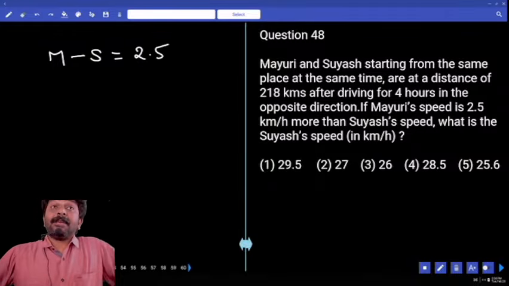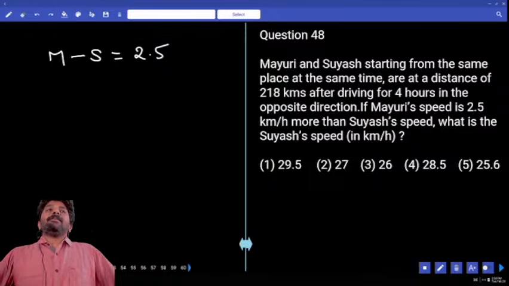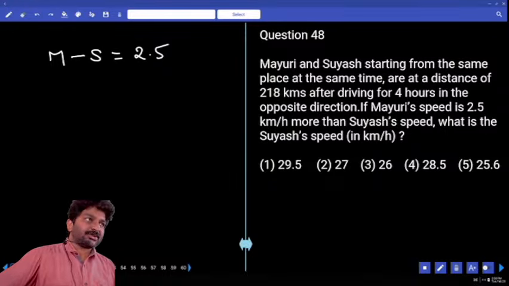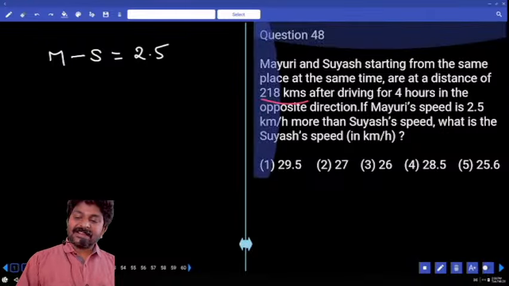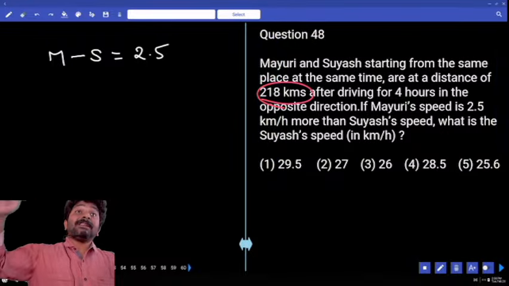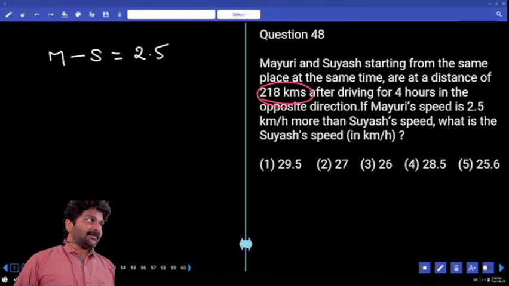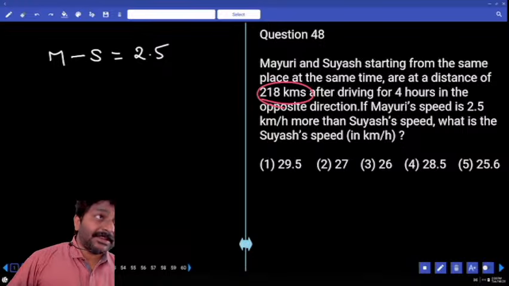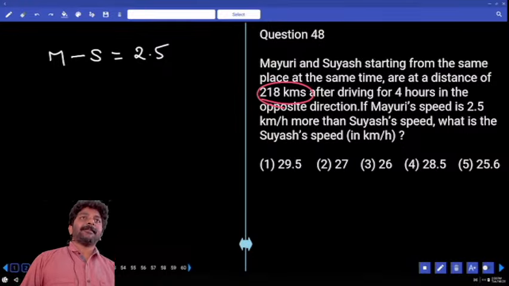In what direction are they moving? If they are moving in opposite directions, relative speed becomes S1 plus S2 only. What is the distance that they covered while traveling in opposite directions? 218 kilometers. In how much time?